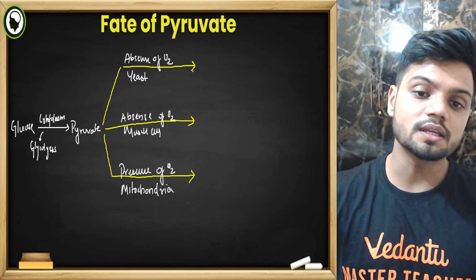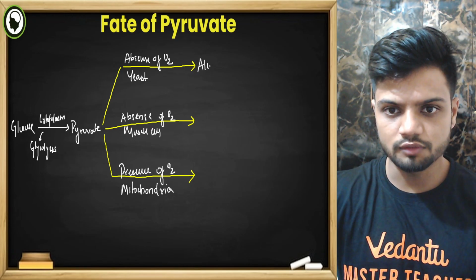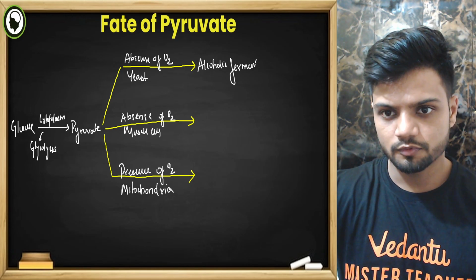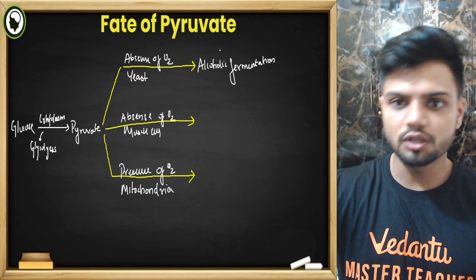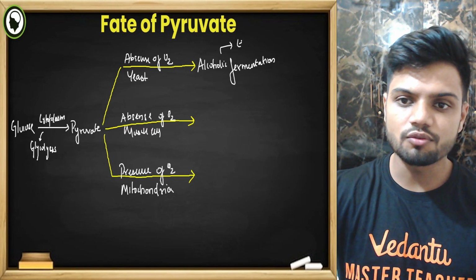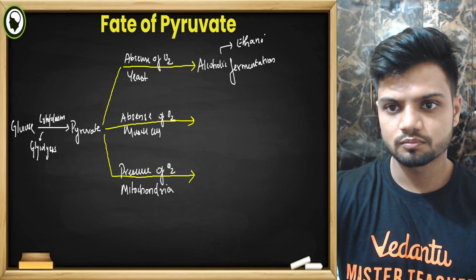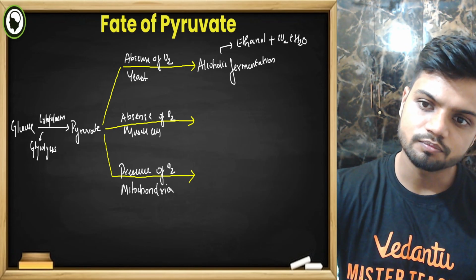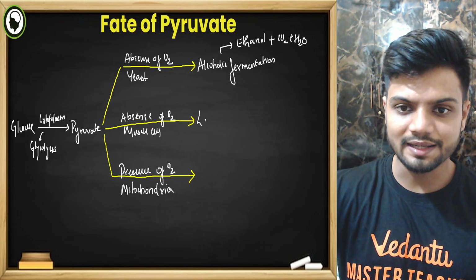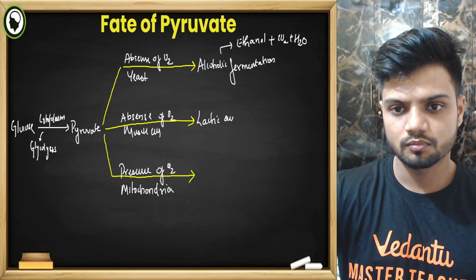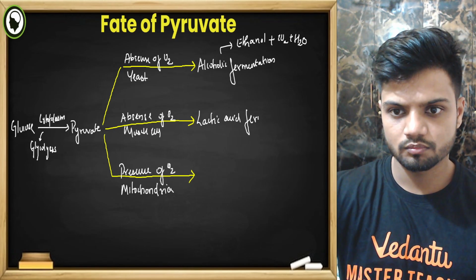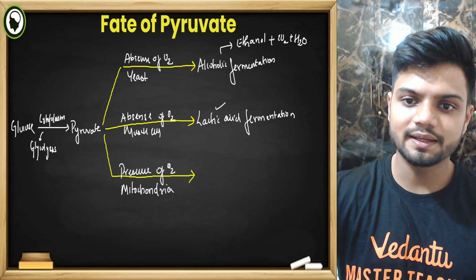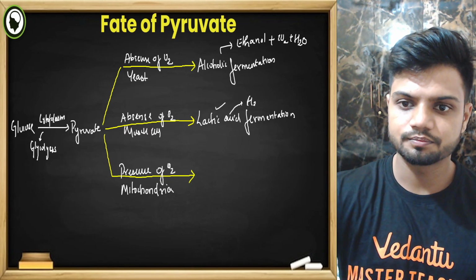The one which is happening in yeast is called alcoholic fermentation. In alcoholic fermentation, all of you know there is a release of ethanol plus CO2 plus water. In muscle cells, it is called lactic acid fermentation. Here we have production of lactic acid plus water.